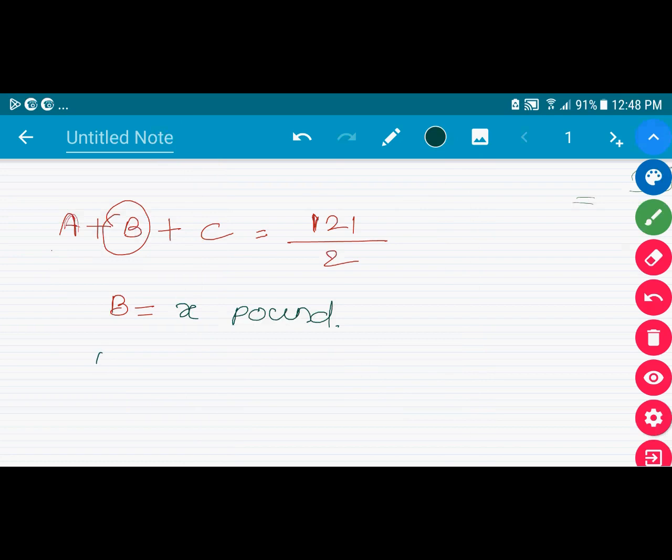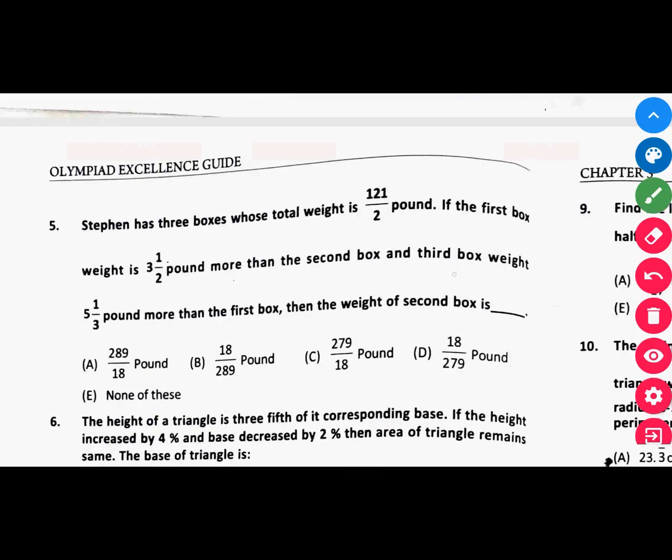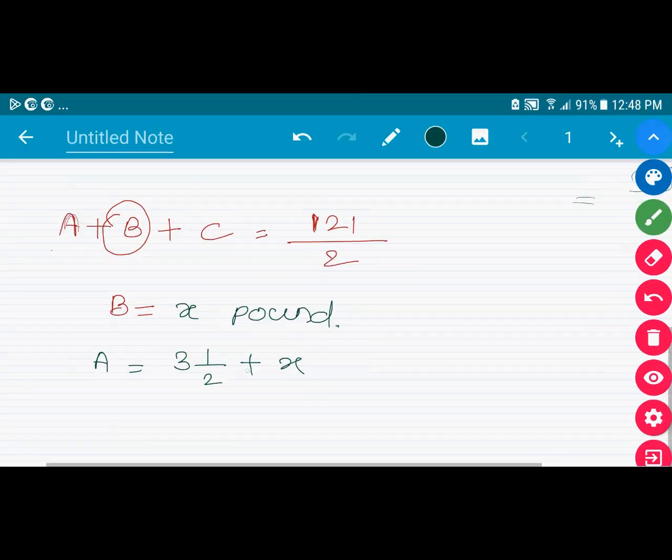Now what is the weight of the first box? 3 upon 1 by 2 more than the second box. Okay, so this is our first box's weight. And what is the weight of the third box? It is 5 upon 1 by 3 pound more than the first box. Now what is the weight of the first box? This one. And C's weight is 5 upon 1 by 3 more than the first box.